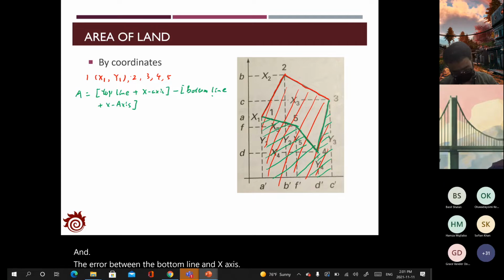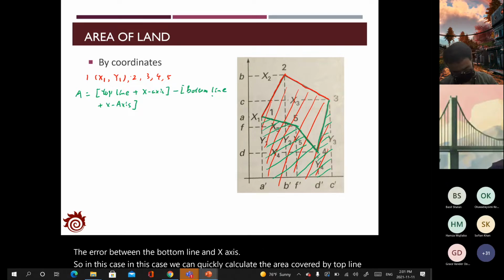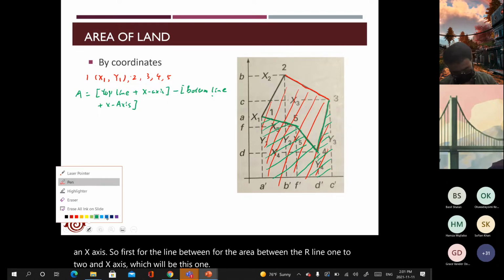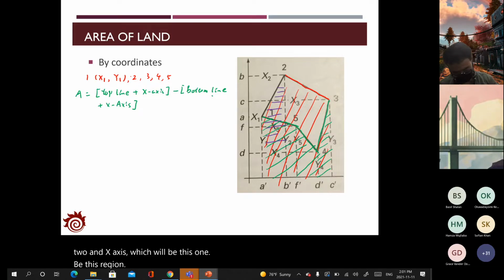So in this case, we can quickly calculate the area covered by the top line and the x-axis. First, the area between the line 1 to 2 and the x-axis, which will be this region.